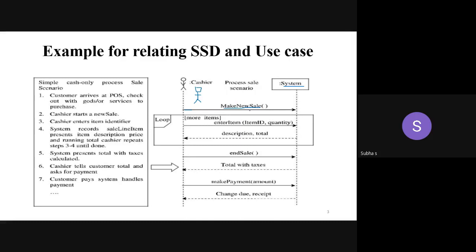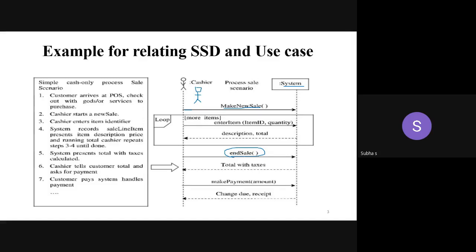Okay, make new sale. Actually, this M should be in small letter. That specific case is called camel case. You might be aware of it. Camel case means if you are using two words, the first word's starting letter should be lowercase and the second word's starting letter will be uppercase. This is the best example for camel case. Camel, the camel's hump, you know, there will be some steep like that.